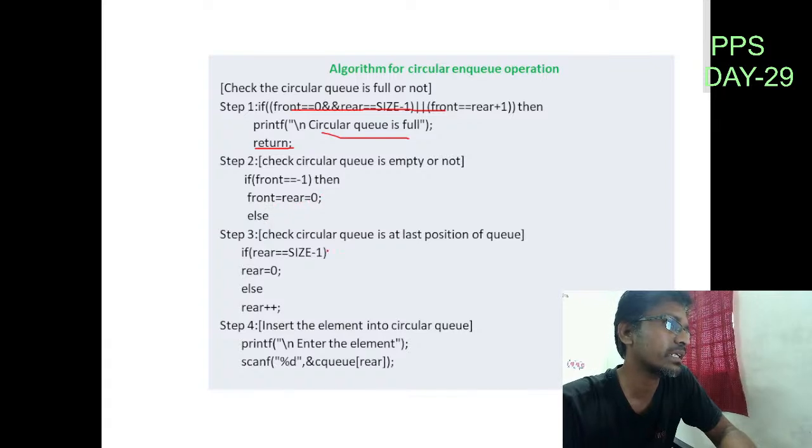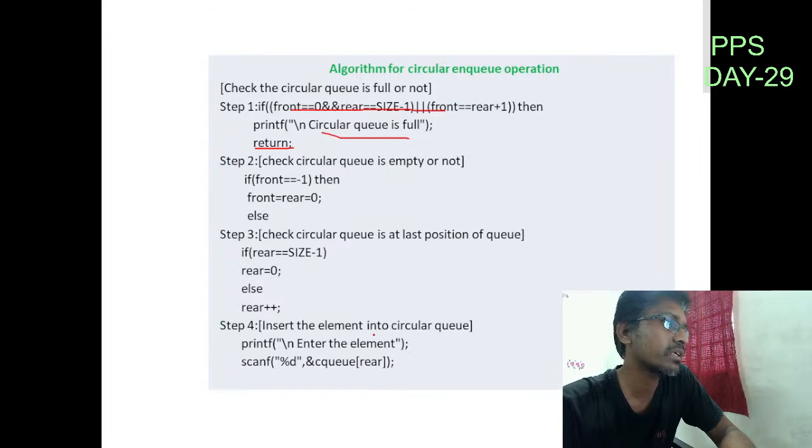Otherwise, you have to check the last position of the circular queue. If rear is equal to size minus 1, then you set the rear value to 0, otherwise you increment the rear value.